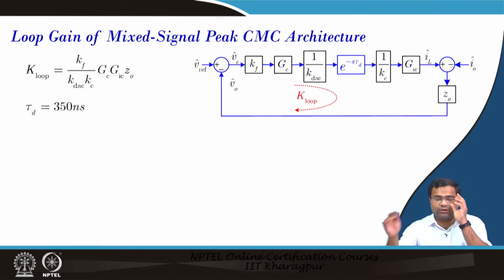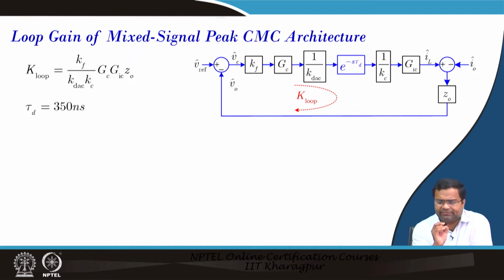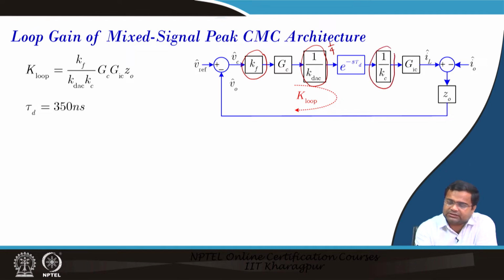So, if you write the effective loop transfer function, Kf is the feedback gain due to the voltage resistive divider, 1 by k ADC is the DAC gain, which is 1 by 4, and then we are getting 1 by Kc, because Kc is 0.01 volt per ampere.